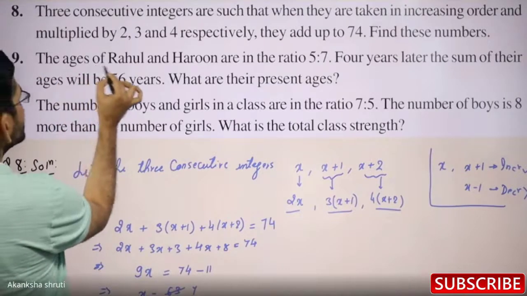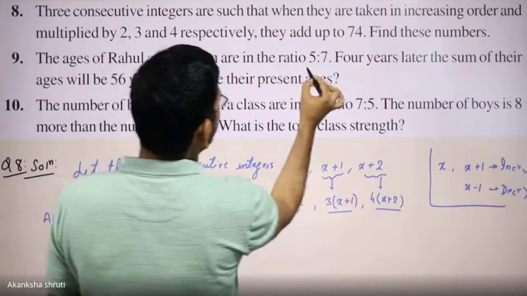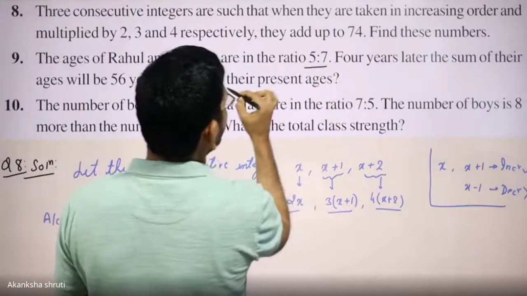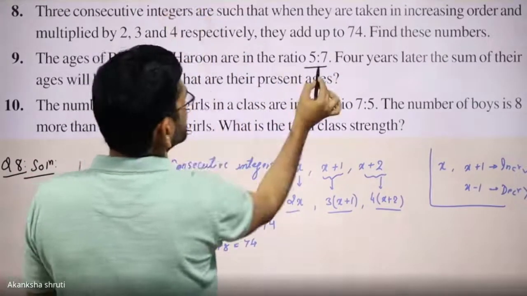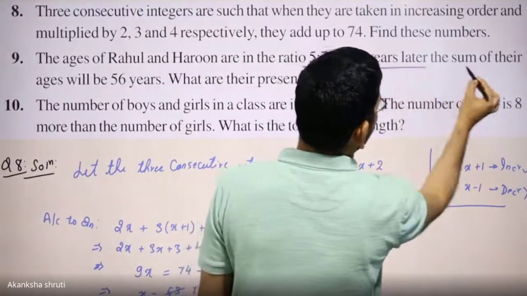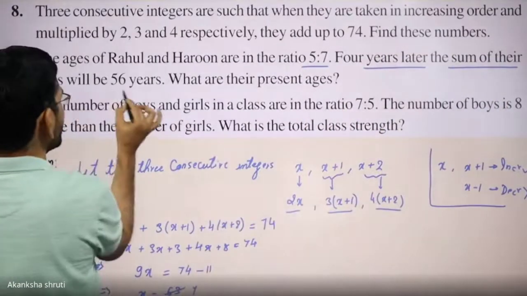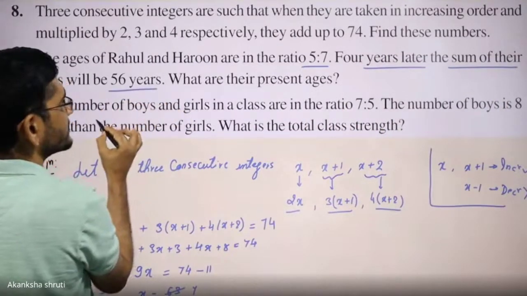The ages of Rahul and Harun are in the ratio of 5:7. 4 years later, the sum of their ages will be 56.